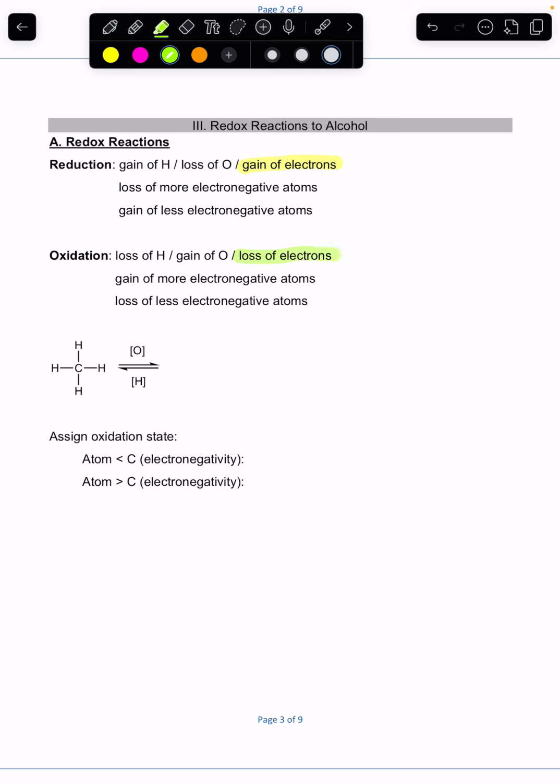The word reduction really comes from the fact that when you reduce a metal, in other words, give electrons to metal cations, they tend to become neutral, non-ionized metal, and then get precipitated as a solid metal from a solution of metal cations.